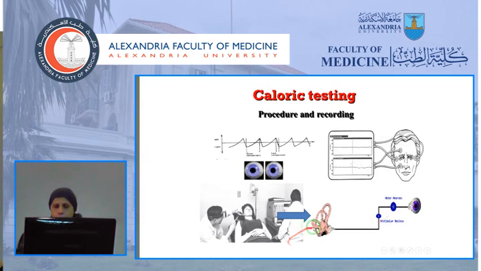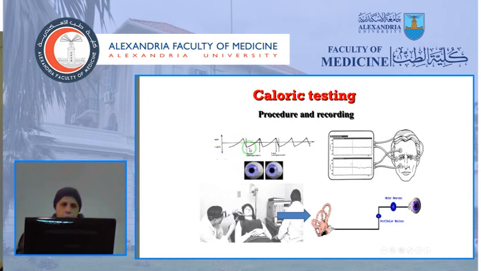If you use cold water, there will be motion of the endolymph away from the vestibule and it will create an inhibition of the vestibular apparatus, and again we will have depression of the firing, and the eyes will move in the other direction.